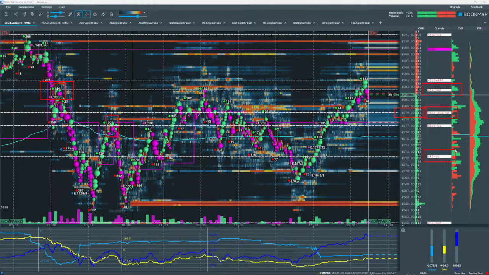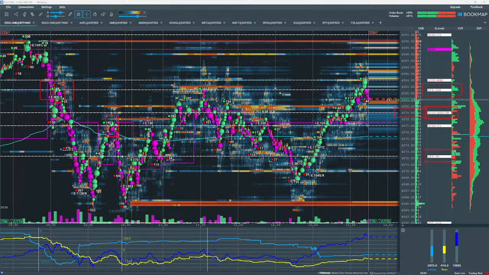And note the SPY call wall is at 455, and that level did shift lower from 460 to 455. So for the S&P 500, the call walls for SPX and SPY both shifted lower, and that is bearish. The potential ceiling for price action for the S&P 500 has shifted lower.